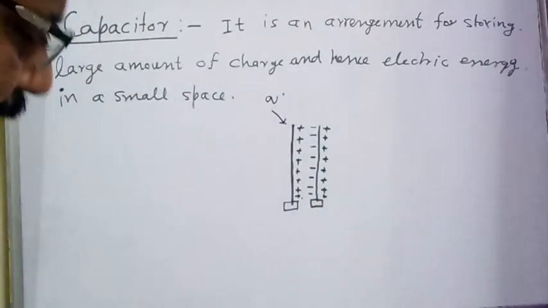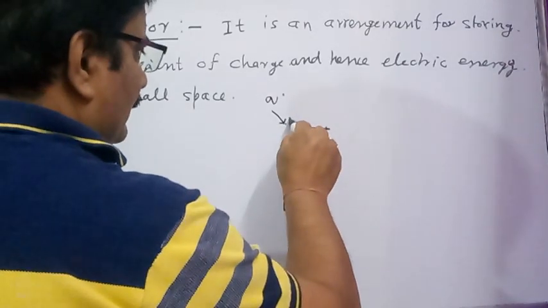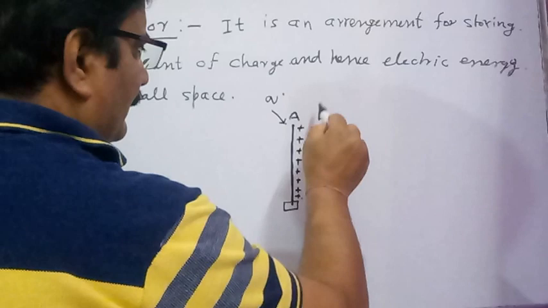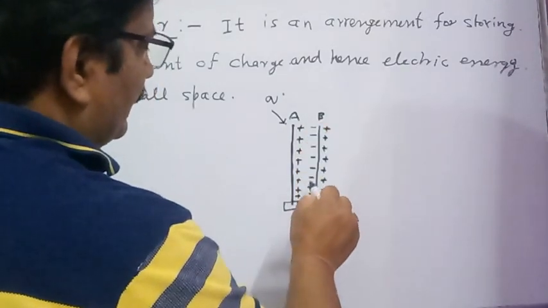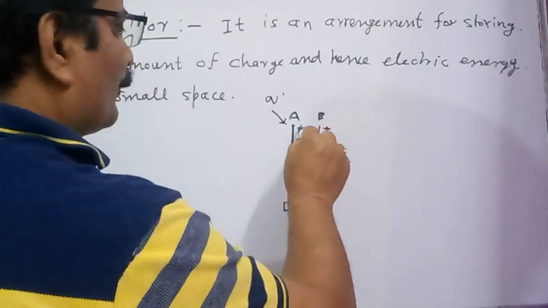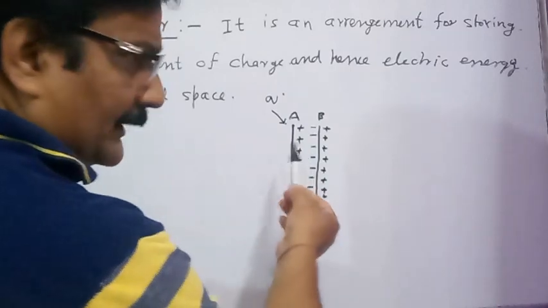Suppose this is conductor A and this is conductor B. The presence of negative charges on the surface of conductor B tries to decrease the potential on the surface of conductor A, as they are opposite in nature.